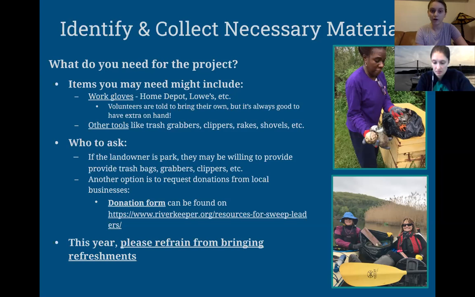So many sweep projects occur in parks, so you can contact the landowner, which may be the municipality, and see if they are willing to provide some of the items that may already be in their possession, such as trash grabbers and trash bags and things like that.